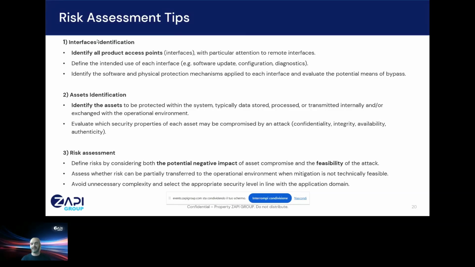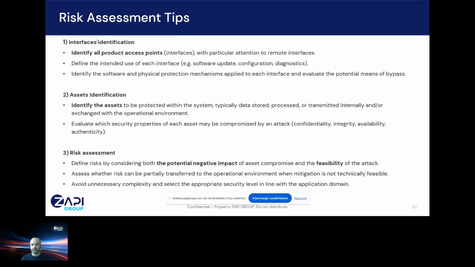The component can choose to share the risk with the operational environment in case it has no direct access to the particular asset, or it cannot provide, for some limitation, protection mechanisms. And sharing risk basically means introducing the concept of the defense in-depth approach that we have seen before.